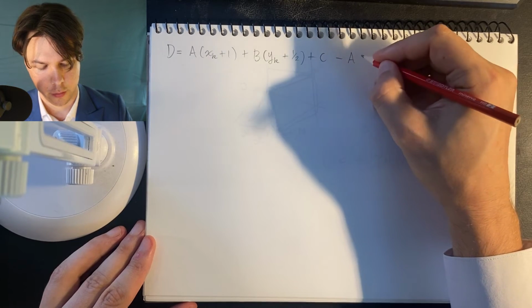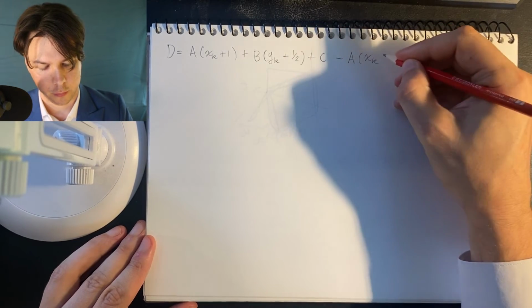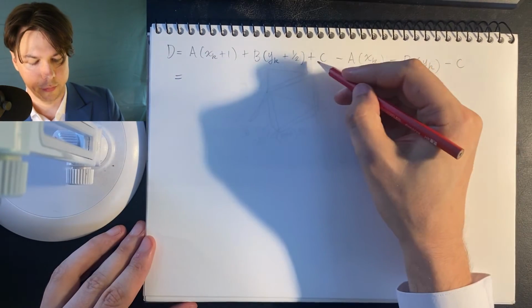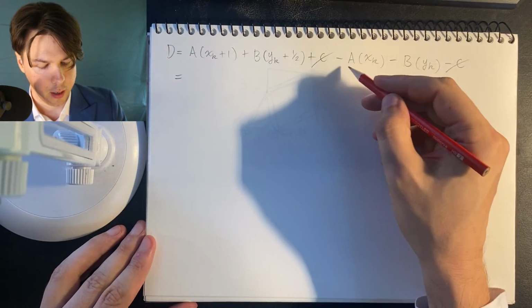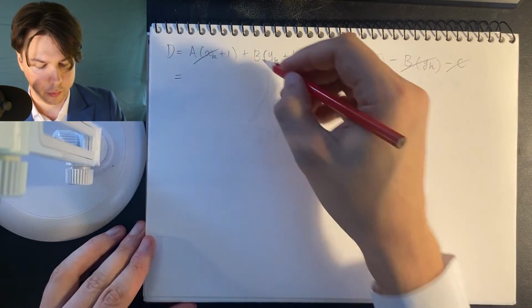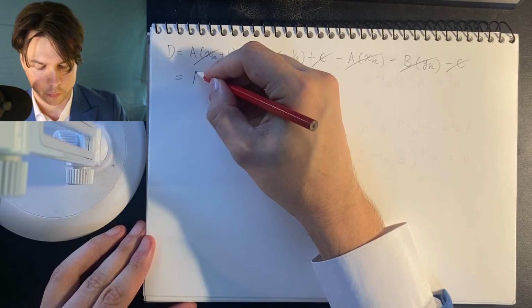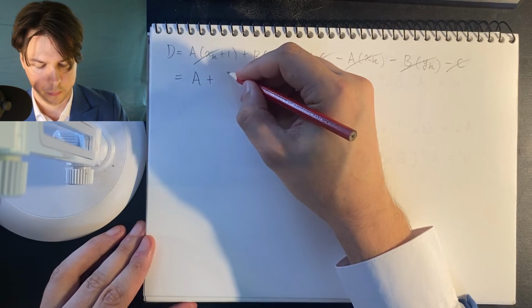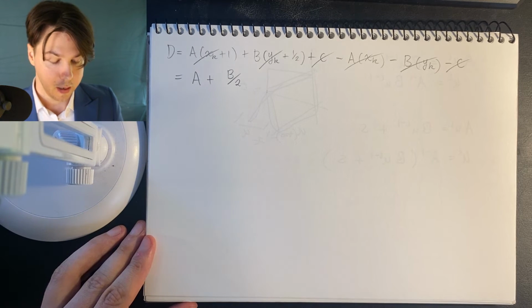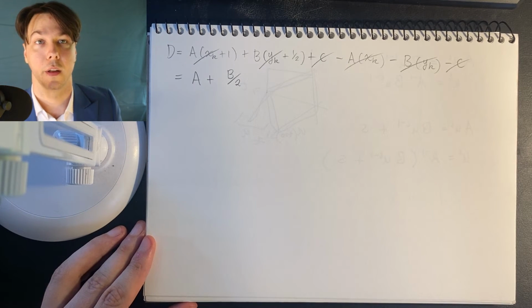So subtracting the previous value. As we can see, the c is going to cancel out, the ax is going to cancel, the by is going to cancel. So this gives us a plus b on 2. And that's a constant value, so that's pretty nice.